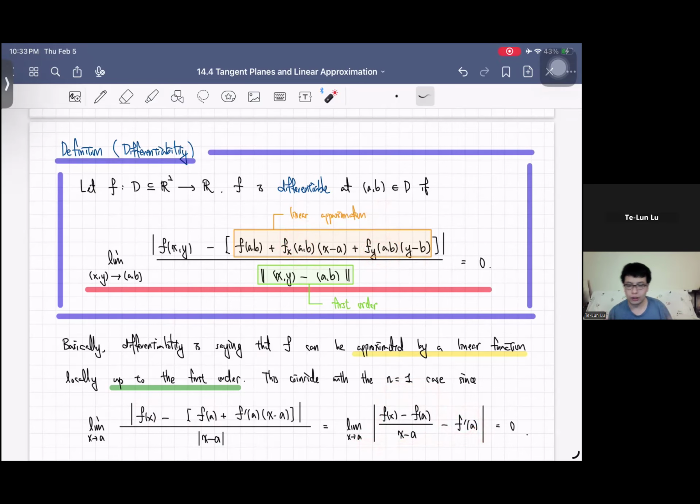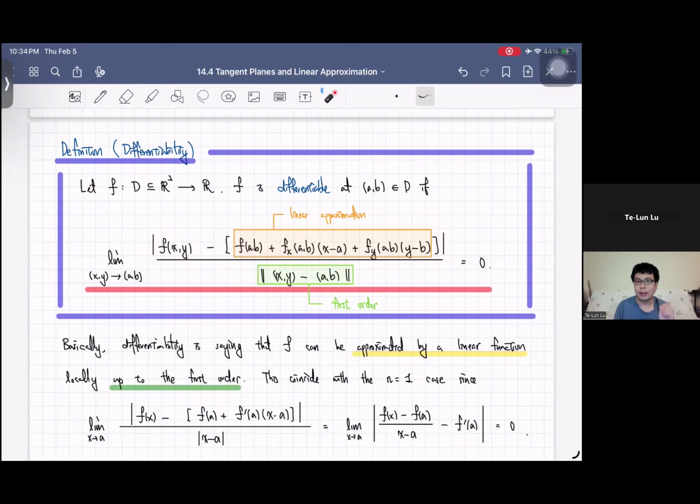But simply for not making you confused, I make this definition so that it is more intuitive that we are simply saying that the function itself is only differentiable when a tangent plane serves as a first order approximation. So that sentence is the most crucial one. A function f, a multi-variable function or a single variable function, is the same thing.